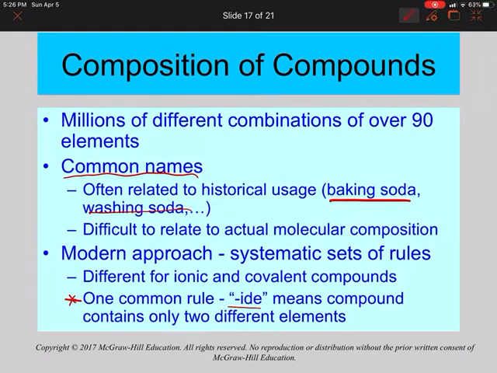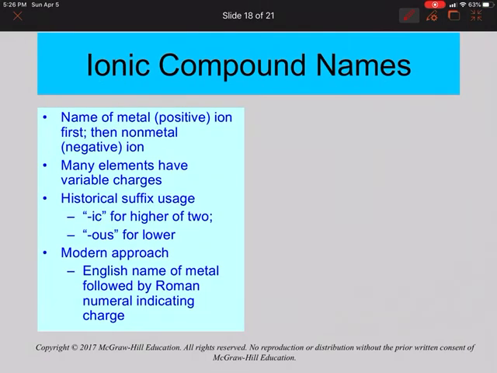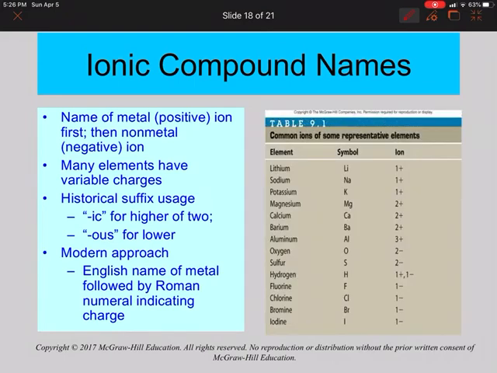Now, that's not always true. It depends on if you're doing just two elements or multiple elements. If you're doing things that have more than two, then it's possible that it's going to end in "ite" or "ate." So I'll get into that soon enough.